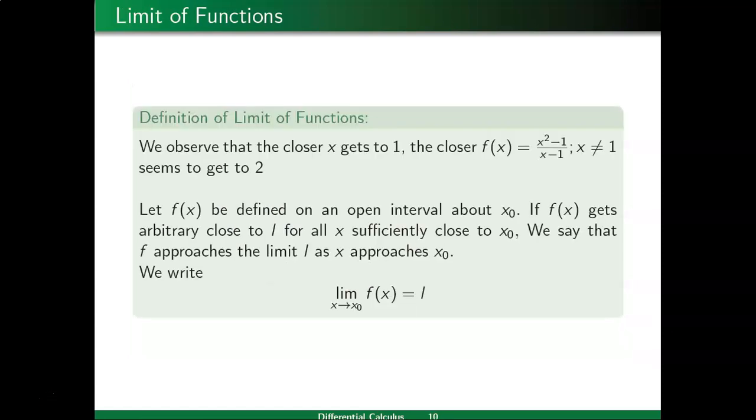Now let us see the definition of limit of a function. Let f(x) be defined on an open interval about a point x naught. If f(x) gets arbitrarily close to L for all x sufficiently close to x naught, we say that f approaches the limit L as x approaches x naught.